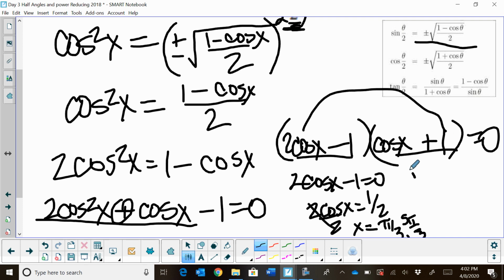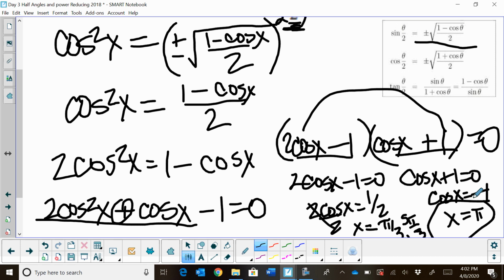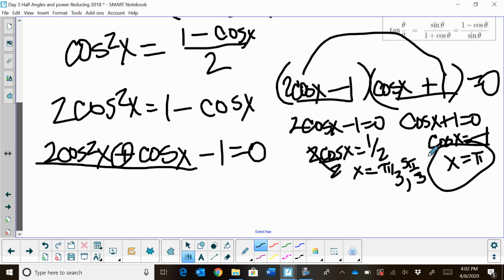And let's look at where cosine x plus 1 equals 0. That's where cosine x is equal to negative 1, and we know that's at pi. So we have three solutions: x is pi, pi thirds, and 5 pi thirds. So that one has three good solutions.